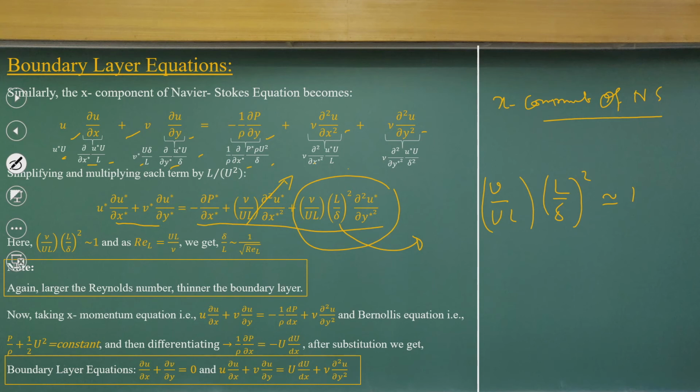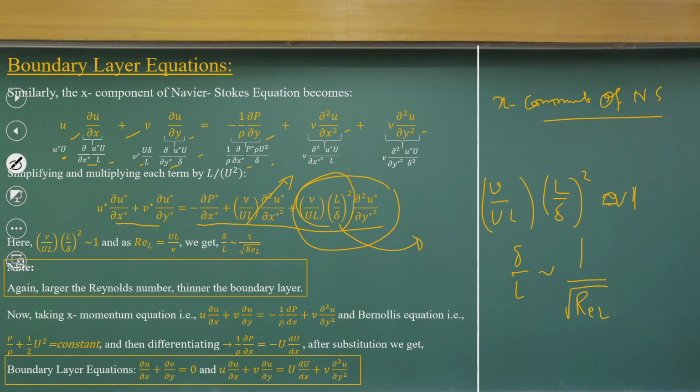So I need to keep the viscous terms, which is justified if these multiplied components are closer to order 1. If you just rearrange these terms, you will get the ratio between the boundary layer thickness and L as a function of the square root of the Reynolds number.